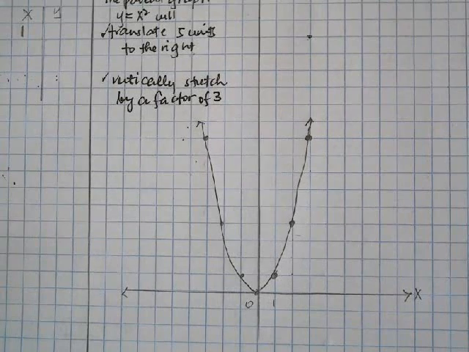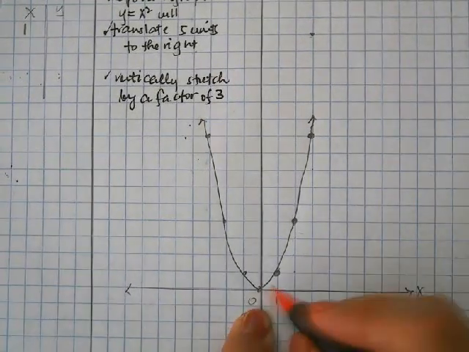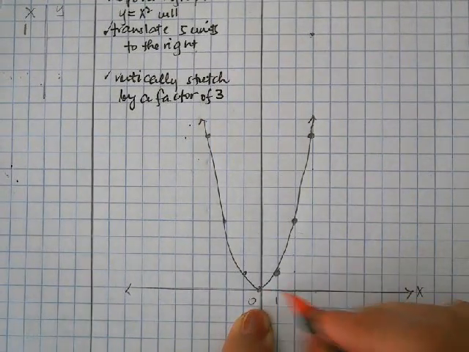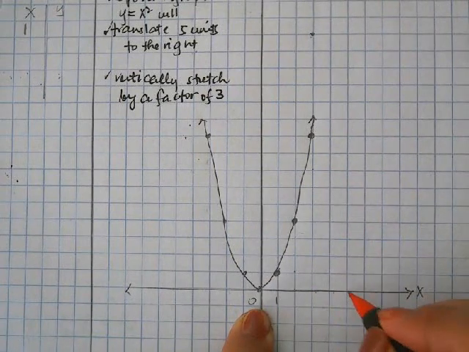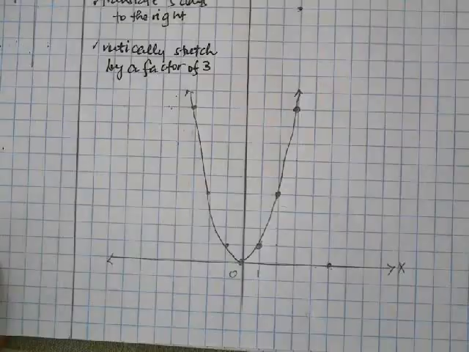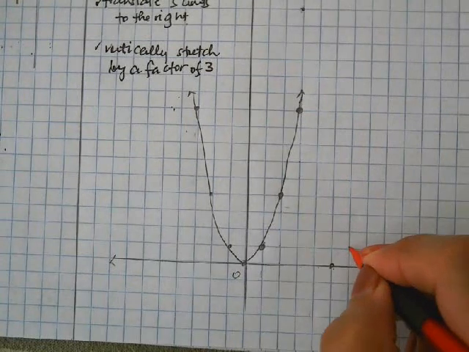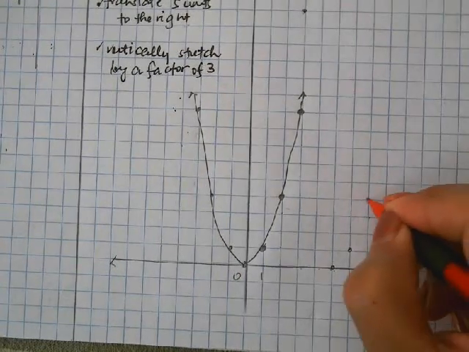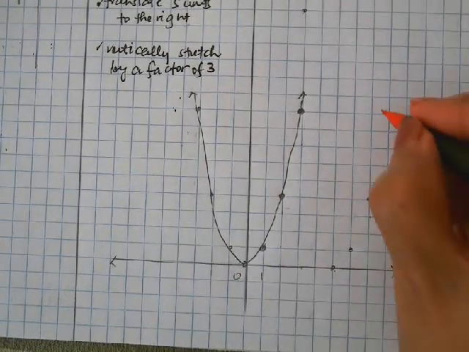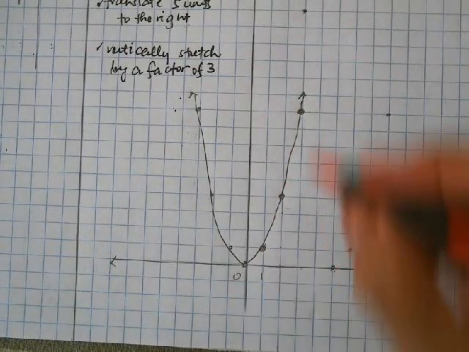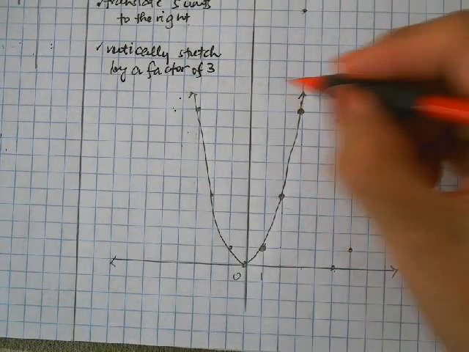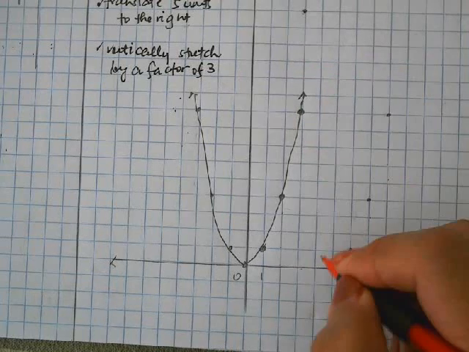But as a technique, what we said, we only move the vertex 1 2 3 4 5, and then we just draw our parent graph. If you like to count one by one, that's okay too. It's up to you. But for me, I just draw it again here. I just count 1 1, 2 4, 3 9. Or you can move each one of that.